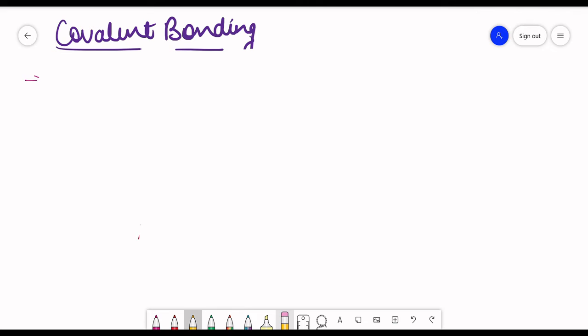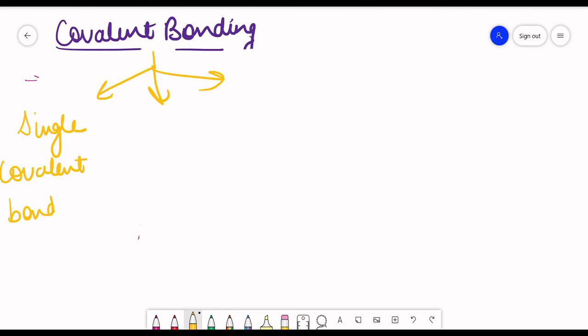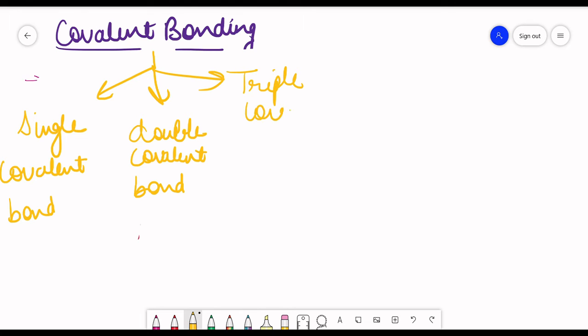Now there are certain types of covalent bonds. First is single covalent bond. Second is double covalent bond. And the third is triple covalent bond. These are the various types of covalent bond.